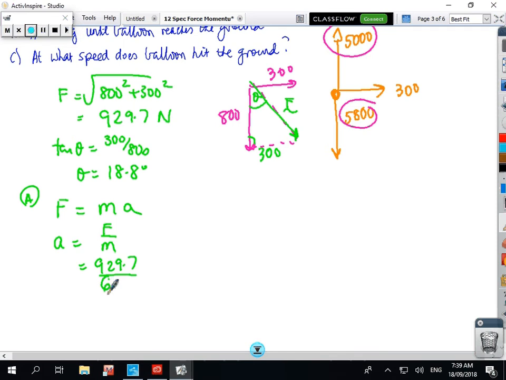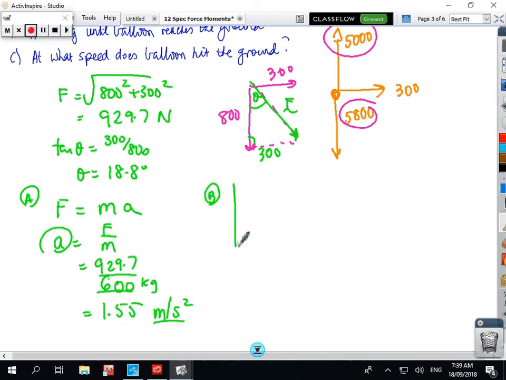I think the mass was 600. I can't remember what I wrote at the top, but the mass in my example is 600 kilograms. And so when you put that in, you end up with 1.55. Now, the unit of acceleration is meters per second squared, or meters per second per second. Okay, part B we're doing now.